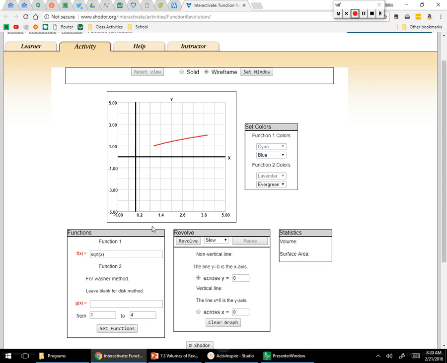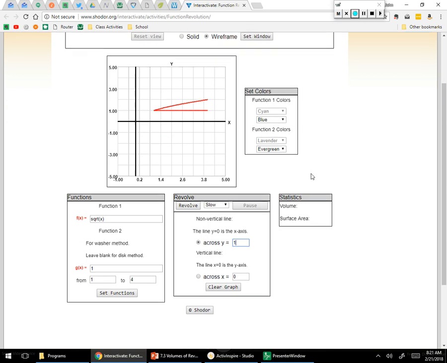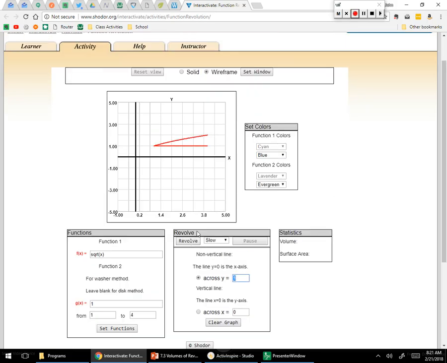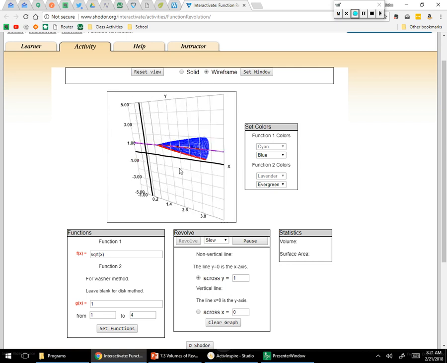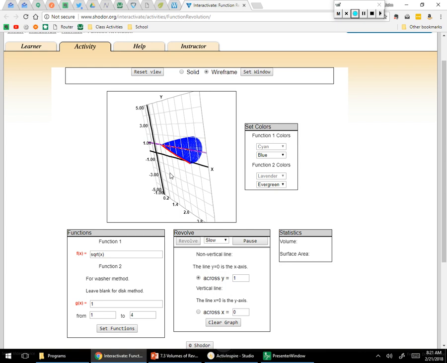And so actually this is a lot thinner than we might like, right? And y equals 1 also. Oops, 1, I meant. And we're going from 1 to 4. We're going to go across the line y equals 1. Okay, so are you ready? And over here it should compute the volume. What did we get? 3.665. Let's check. This is a big moment. Can you see the region we're interested in?